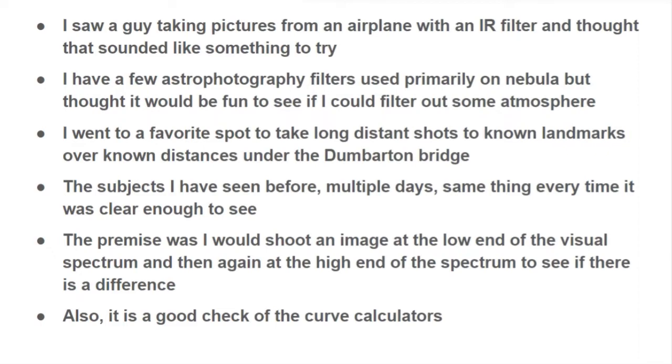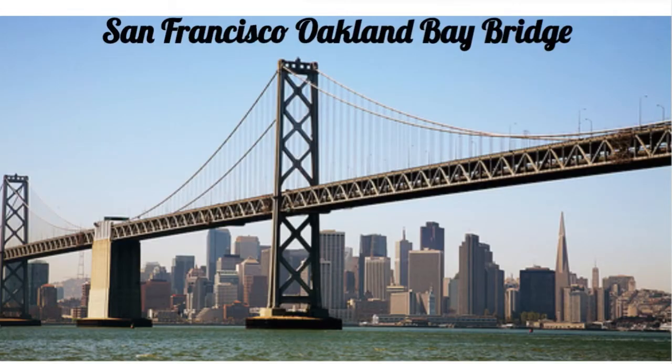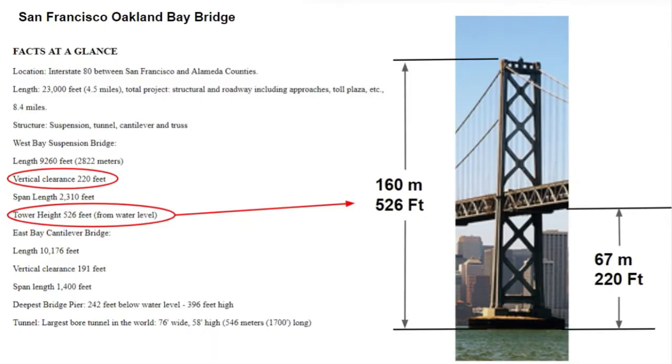So my very first subject, of course, was the San Francisco-Oakland Bay Bridge, which is very visible from this site. And here's some facts about that thing. It's about 526 feet tall, the tower, from water level to the top. That's about 160 meters.